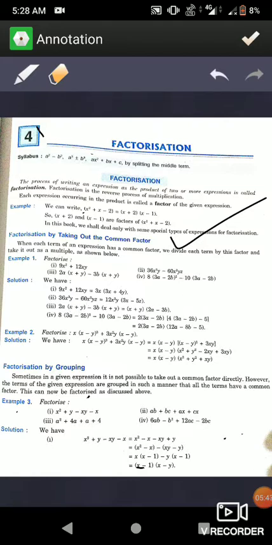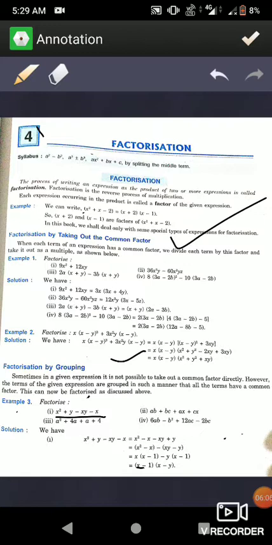Now comes the second process by which we are going to factorize in this chapter, that is factorization by grouping. Here there are four terms. First see the first example.